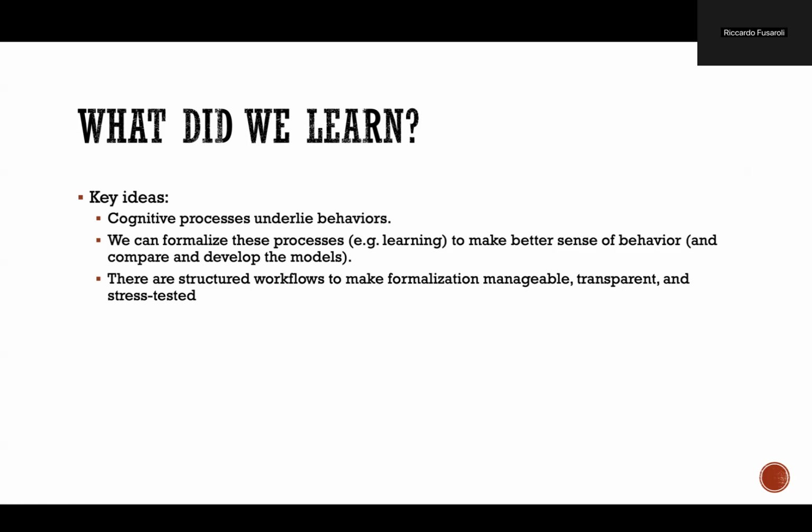And that, as we will see throughout this course, there are structured workflows to make formalization manageable, transparent, and stress tests so that we are sure that we fully understand the implications of the models that we are running and that the models are doing exactly what we think they're doing.